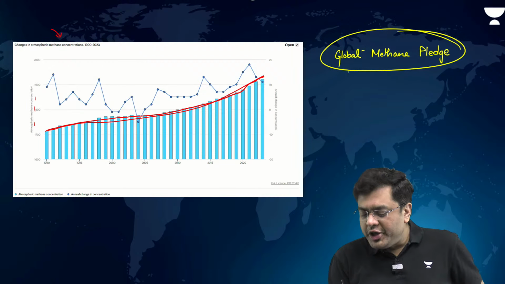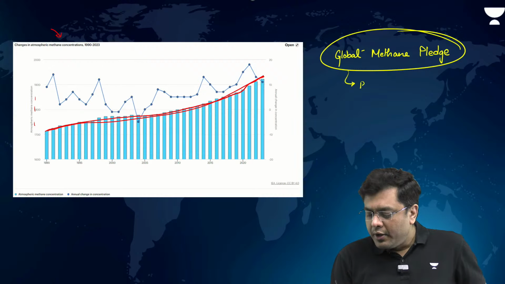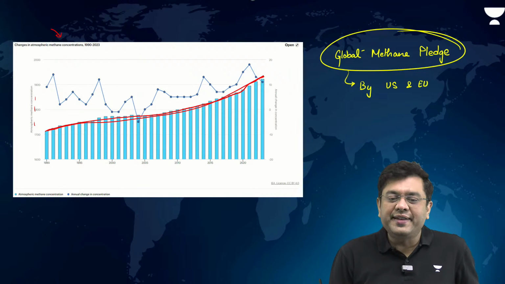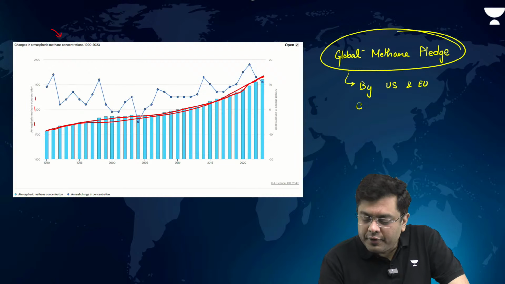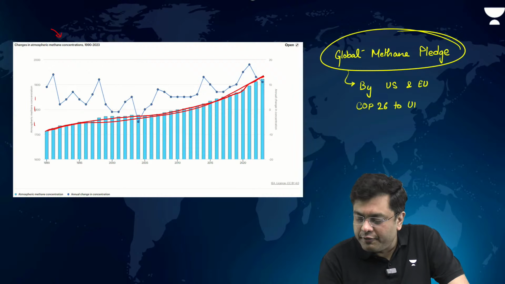So this was initiated by the US and EU. And when was it signed? So here it was signed at Conference of Parties number 26 to the United Nations Framework Convention on Climate Change that was held in Glasgow.